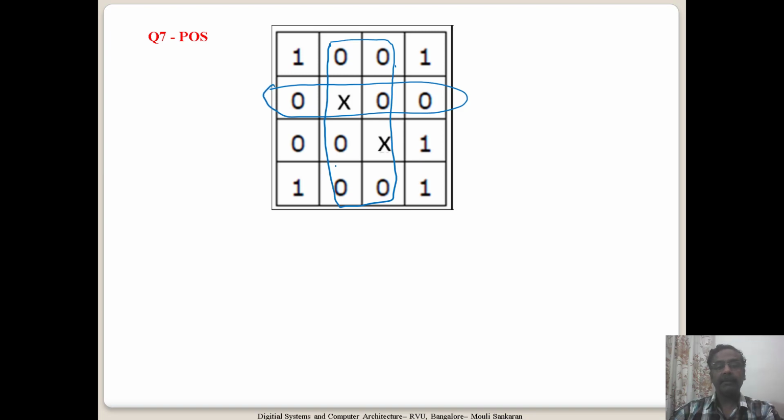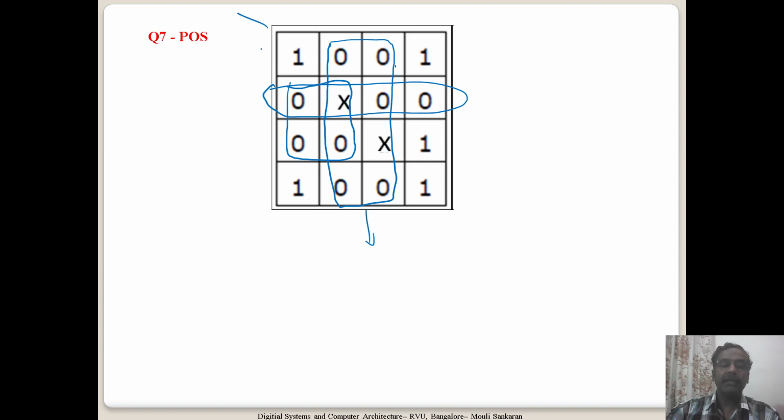In that case, I still don't consider this 0. So I need to have one more term, maybe like this. So maximum I consider all zeros as well as the don't care. So in this case, I am using the don't cares because it helps me to get a better simplified term.